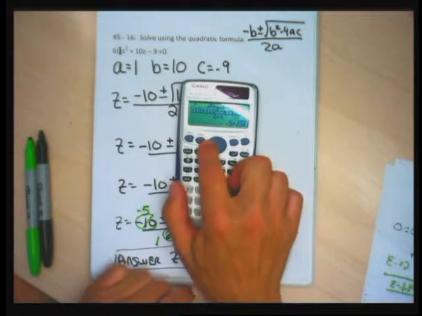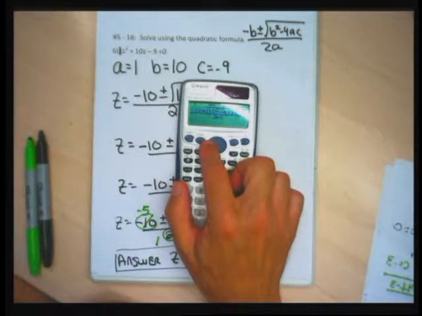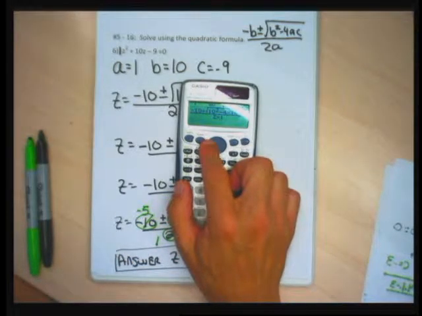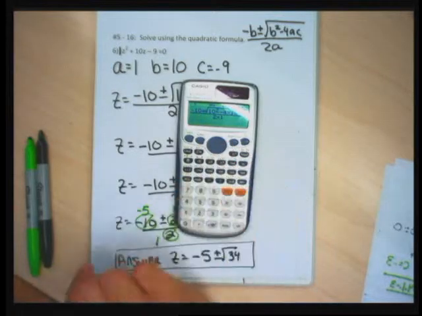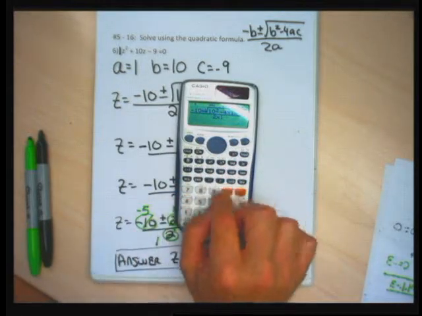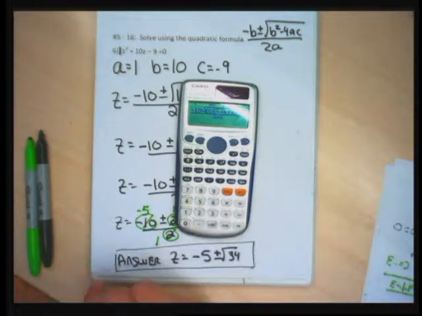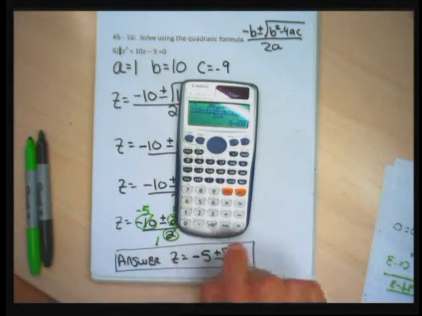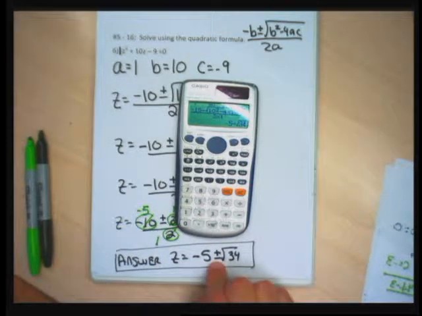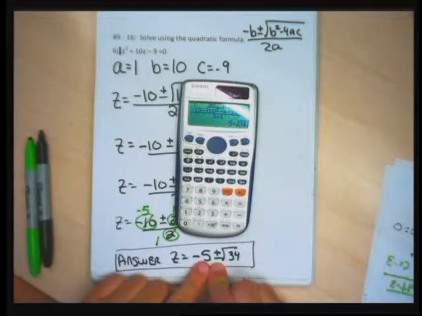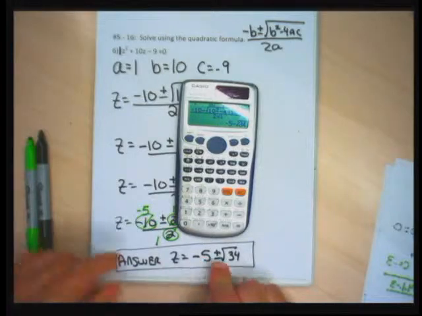I'm going to use my left arrow. I'm into the equation I've just been working. And I keep left arrowing. I get my cursor to the right of that plus sign. I hit the delete button. Then I type the minus key. And then hit equals. And I get -5 minus the square root of 34. So I could see the two answers that I just came up with are the answer that I came up with of -5 plus or minus the square root of 34.